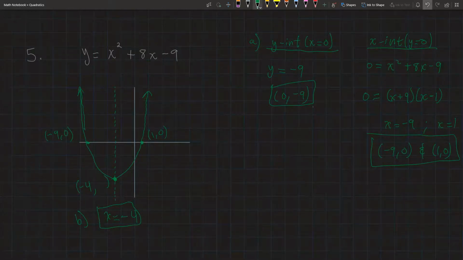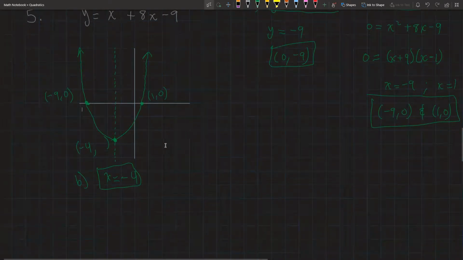Well, that's the main idea. There it is. That looks pretty accurate to me. Not the most perfect parabola, but it is a good representation of what's going on. Remember that we can now label this one as (0, -9). And the last one, like I said, we did in different order.